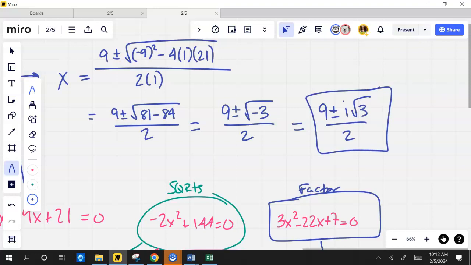By the way, while y'all are copying that, what's the discriminant of that one? If I ask you for the value of the discriminant. Negative what? 3. The discriminant is -3 because it's just what is under the radical. That's it.